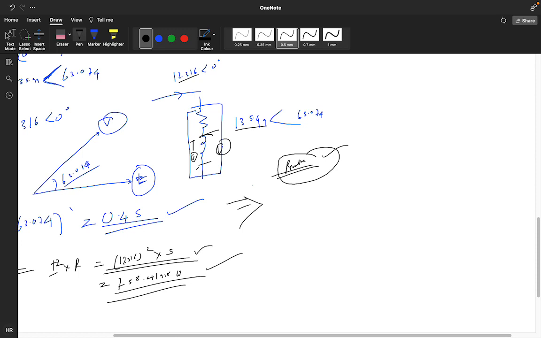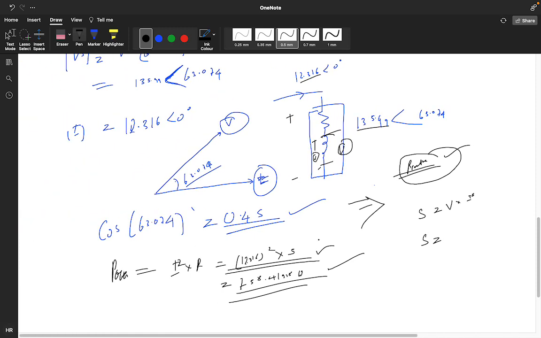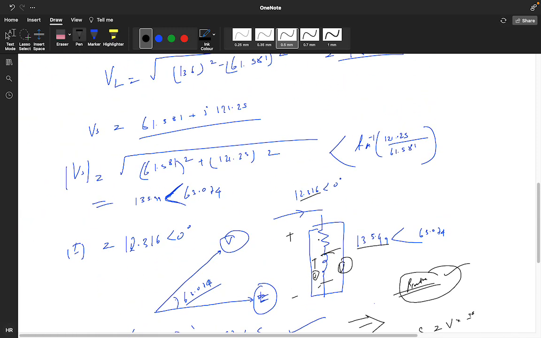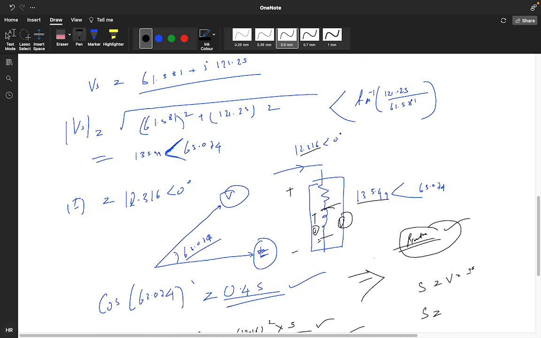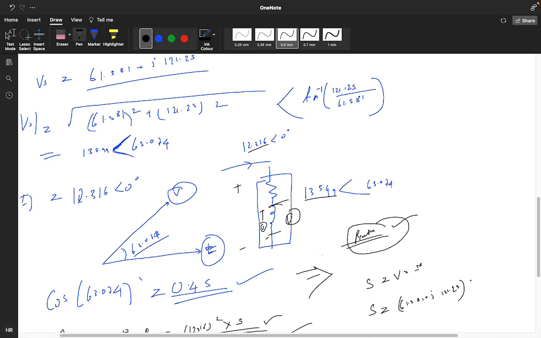Or you can directly do S equals V into I conjugate, overall voltage. So our overall voltage was how much? Overall voltage was 61.581 plus J 121.25. This was our overall voltage, and our current was how much?